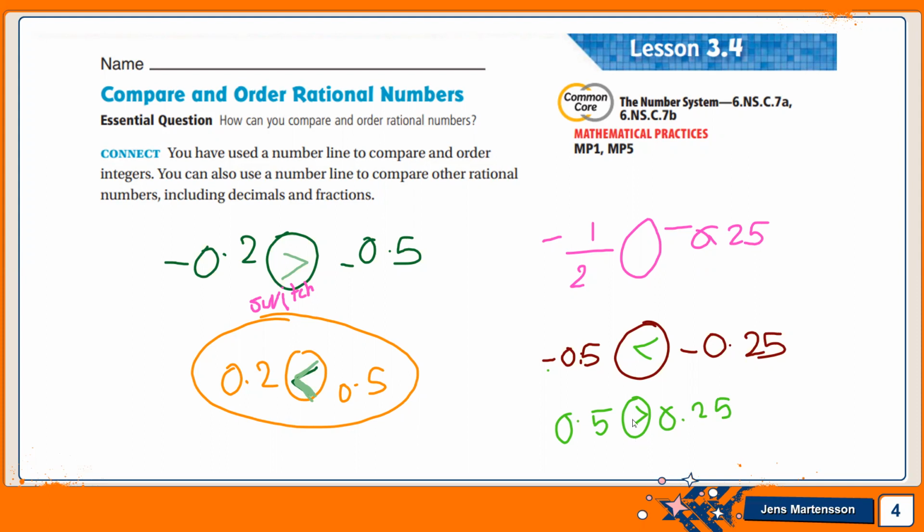Yeah, because with negative we switch. If you have negative, you will switch. Negative 0.25 is greater because it's nearest to 0. Exactly, nearest to 0. Bravo. And if it was negative and positive, the positive is greater without looking at the number.